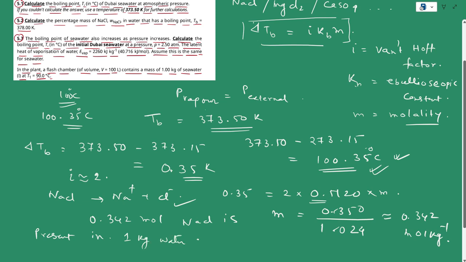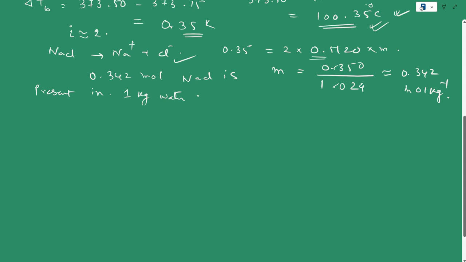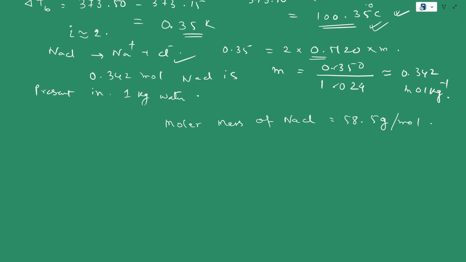right? Now find the mass of the NaCl. Molar mass of NaCl, this is 58.5 gram per mole. Thus, 0.342 into 58.5. So this is basically, yes, 20 gram.